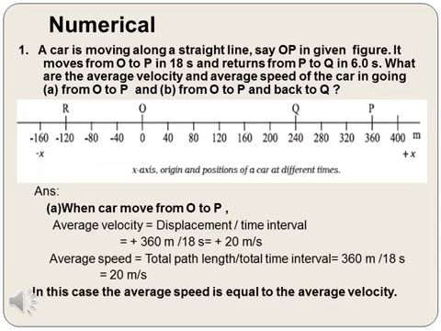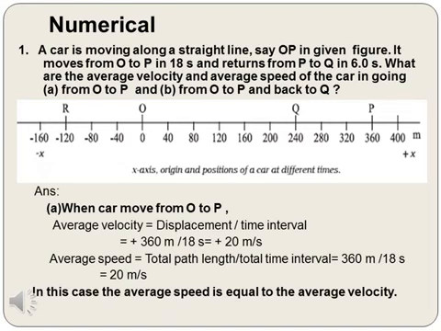First, we have to find the average velocity and average speed of the car in going from O to P. Average velocity is equal to displacement divided by time interval, which is equal to plus 360 meter divided by 18 seconds, which is equal to plus 20 meter per second. And you studied that average speed is obtained by the total path length divided by the total time taken, which is equal to 360 meter divided by 18 seconds is equal to 20 meter per second.